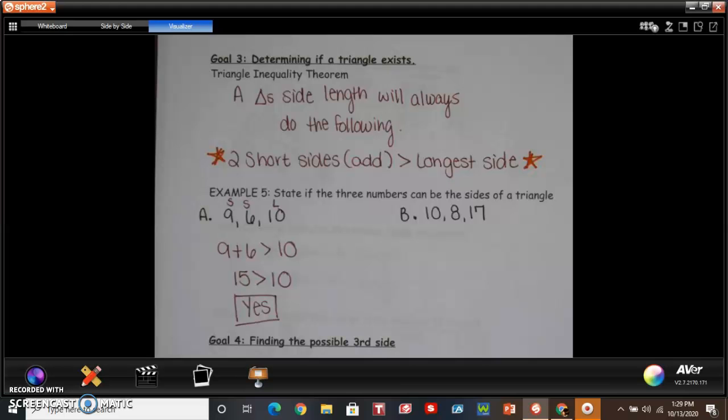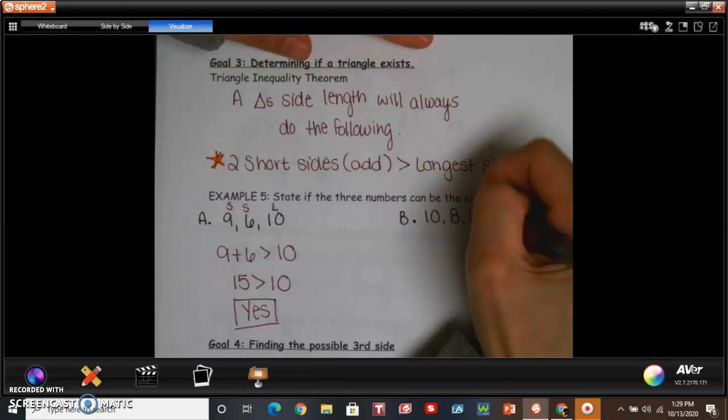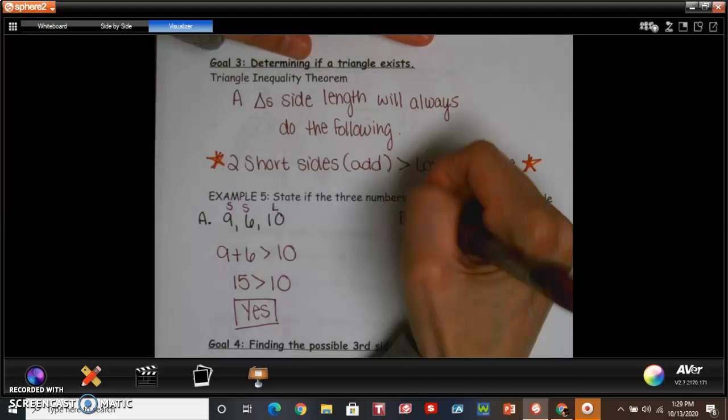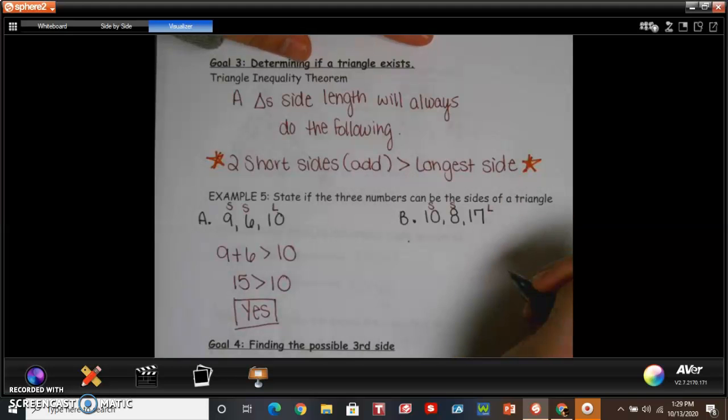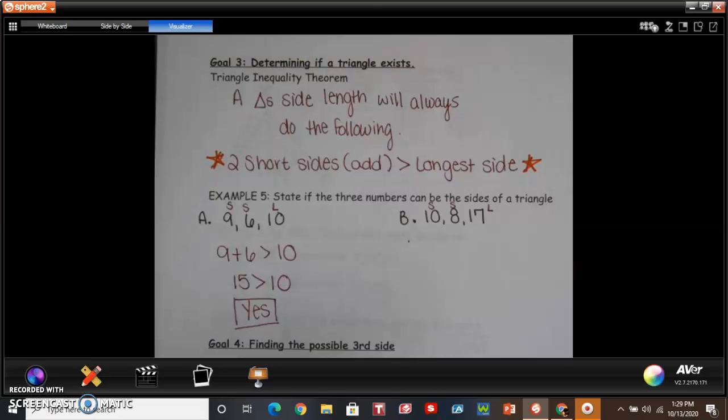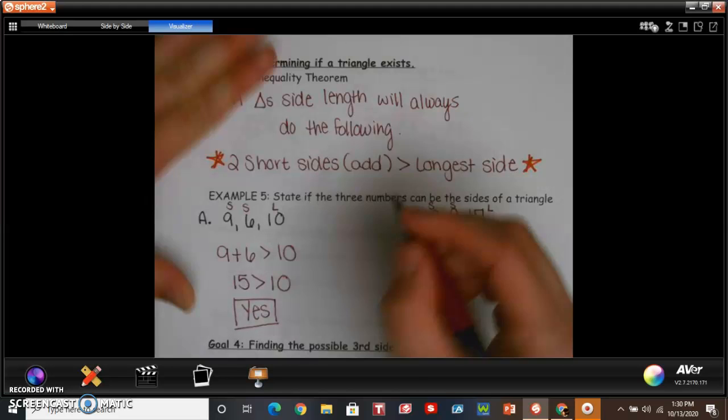Let's look at example 5B. All right, so my longest side is 17, leaving these 2 to be my short ones. I thought I picked one that was a no, but I didn't. Oh well.